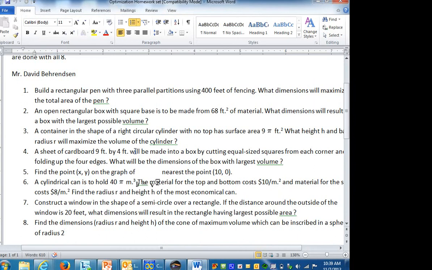And it has no top. So let's write that down. No top. And let's change the surface area to 16 pi for example's sake. 16 pi feet squared.